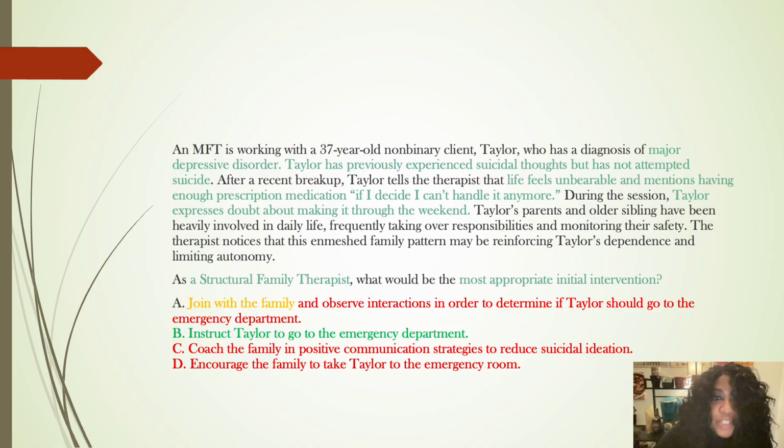It also says, observe interactions in order to determine if Taylor should go to the emergency department. That is not how you determine if someone needs to go to the emergency department. You need to do a suicide assessment, making A not the best answer. Part of A is correct, but the rest is wrong, given what we have presented to us in this question.